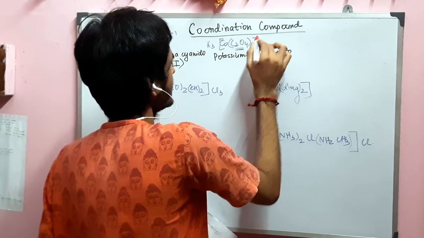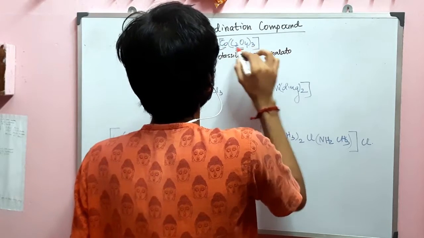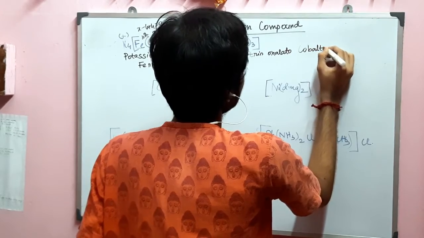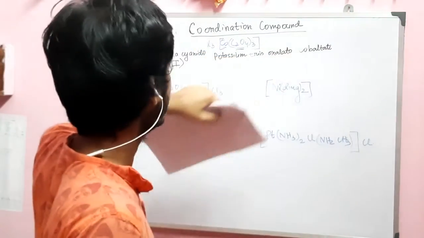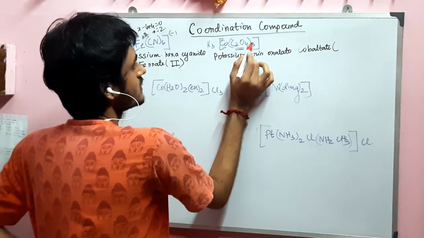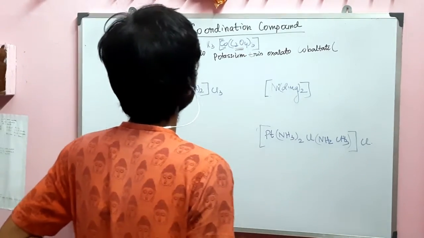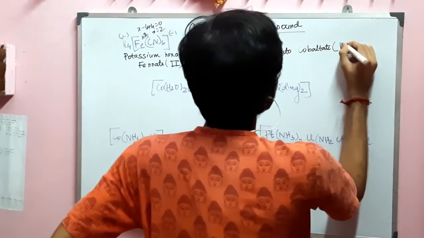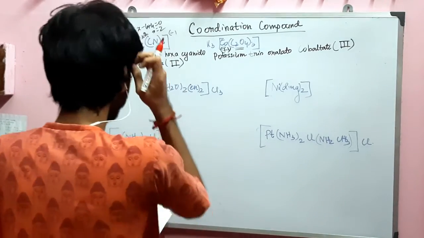As the coordination sphere is negatively charged, we will have to turn cobalt into cobaltate. The oxidation number of the central atom: minus 3 into 2 is minus 6, and it's plus 3 minus 3, so +3 is the oxidation number. Calculate yourself. Cobaltate(III).